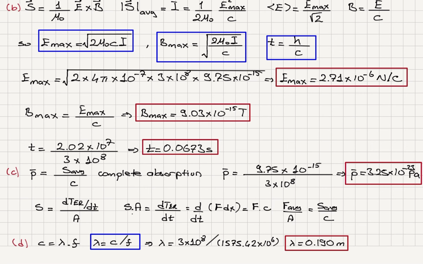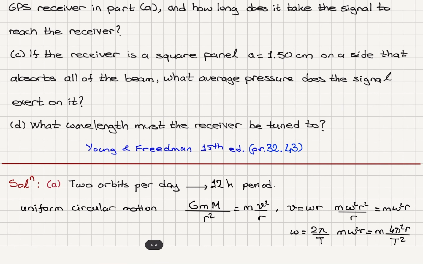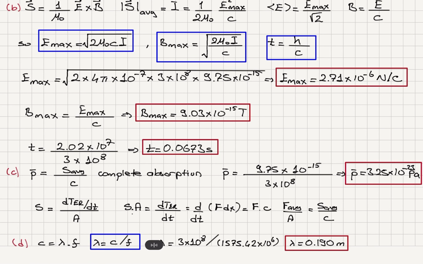The complete absorption scenario for the average pressure exerted on the panel is S average divided by c, as we have shown here, and the wavelength can be calculated as the speed of light divided by the frequency. Because the problem asks what average pressure the signal exerts, the area of the square panel here is not important because it's the force per area we're trying to calculate.